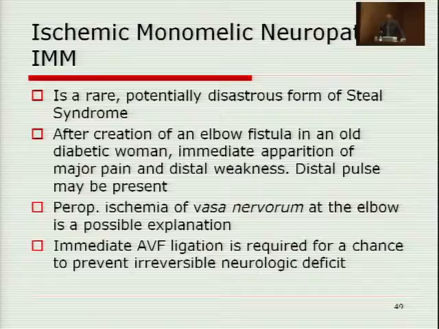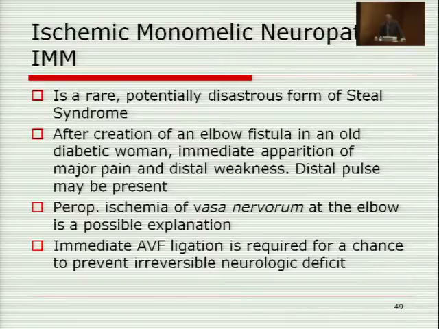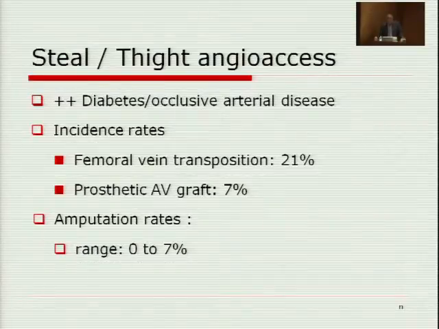You note that the distal pulse may be present. Perioperative ischemia of the vasa nervorum at the elbow is a possible explanation. Immediate arteriovenous fistula ligation is required to have a chance to prevent irreversible neurologic deficit.